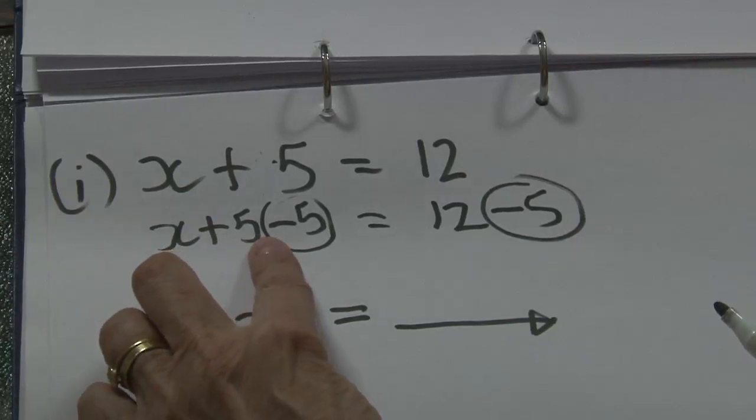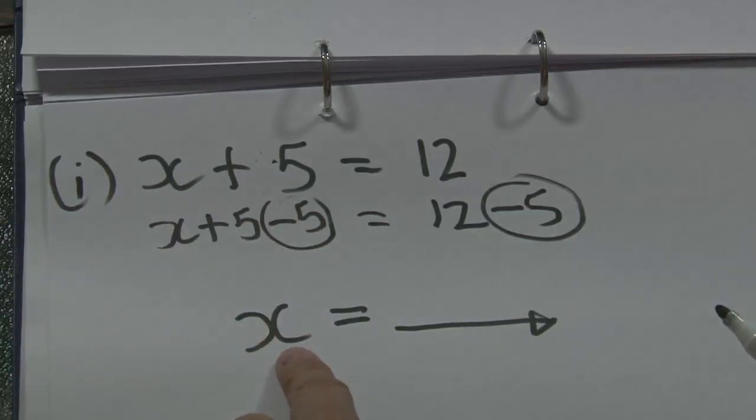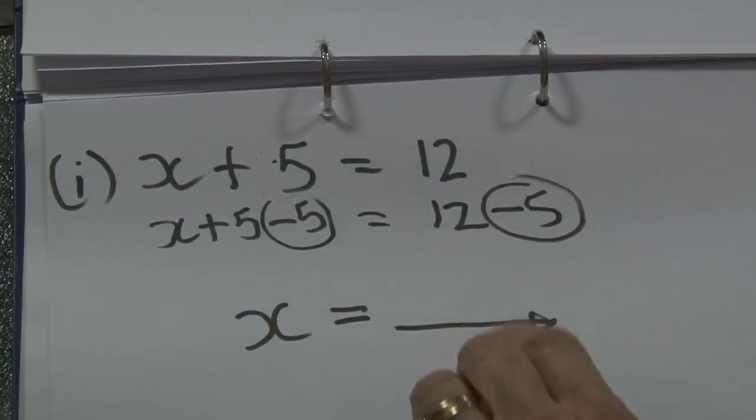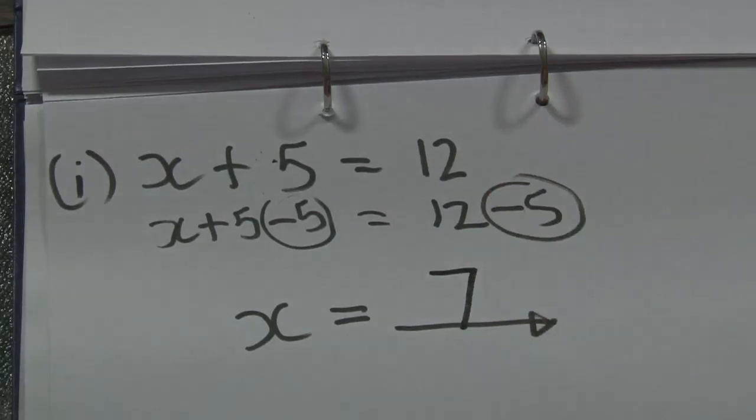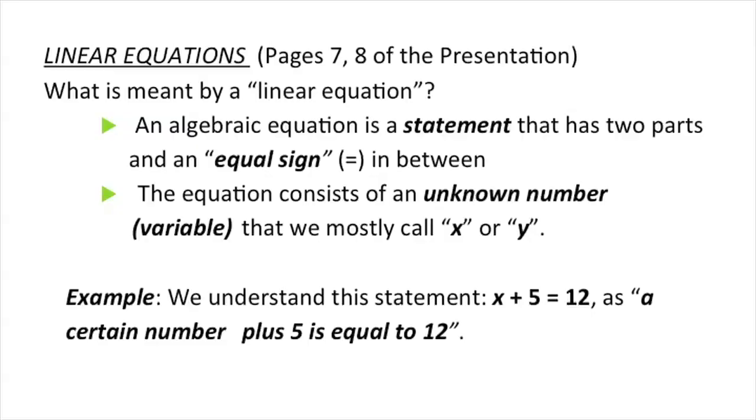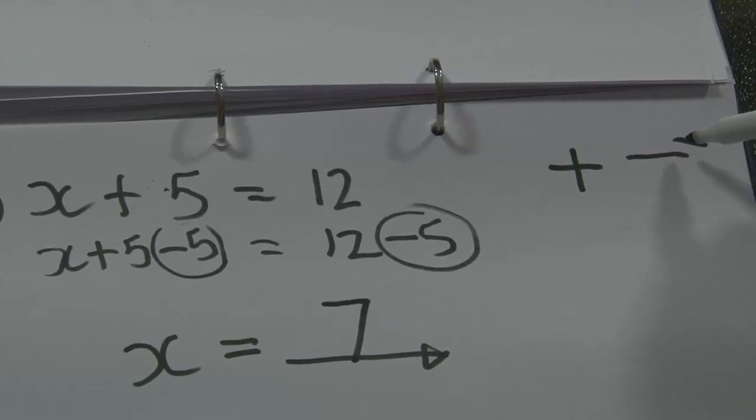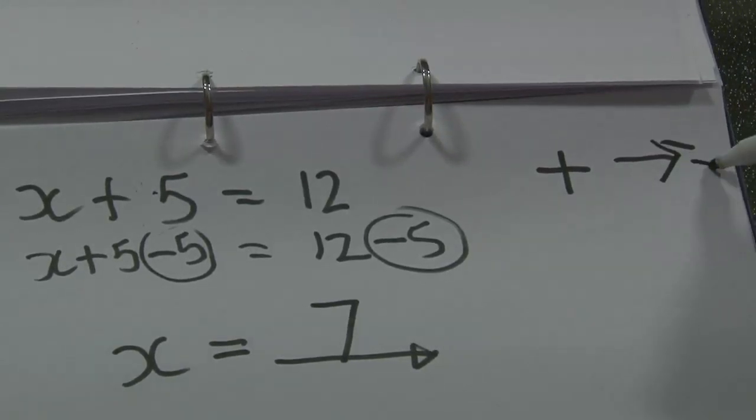So x plus 5 minus 5 is x. 12 minus 5 gives you 7. As easy as that. So if it is addition, you use subtraction.